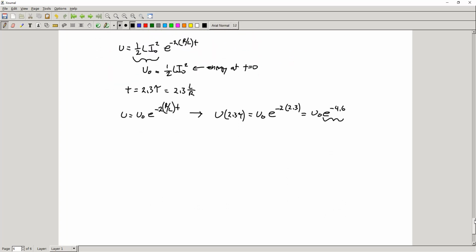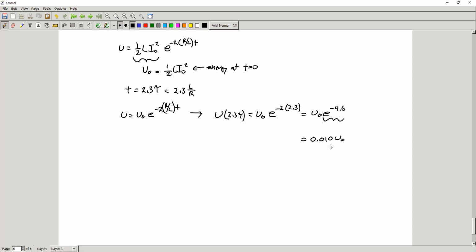If you solve for that, you get a numeric value, and you're going to end up finding that this is equal to 0.010 U naught. This is exactly what we're looking for: what fraction of our energy remains or has been dissipated at the time t equals 2.3 tau. This is the answer here.